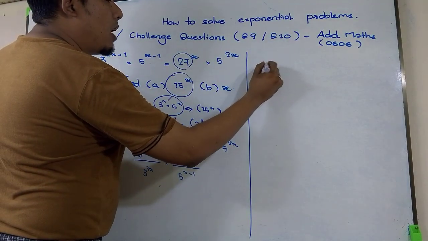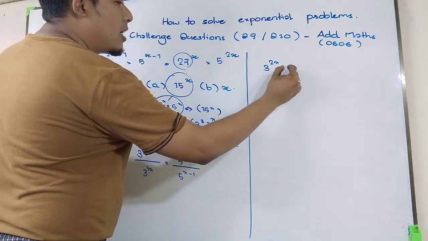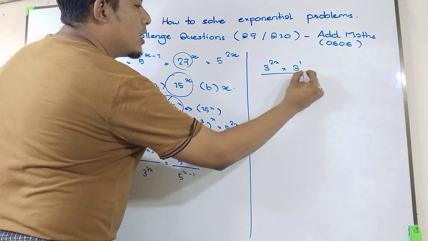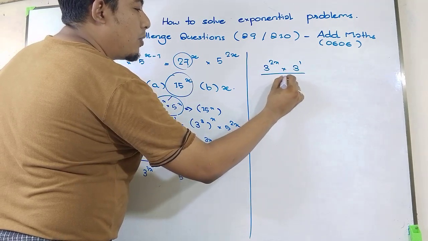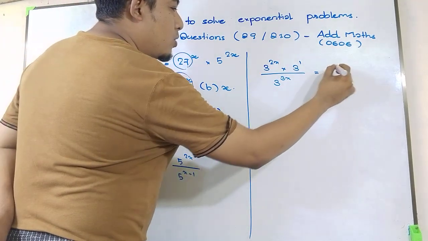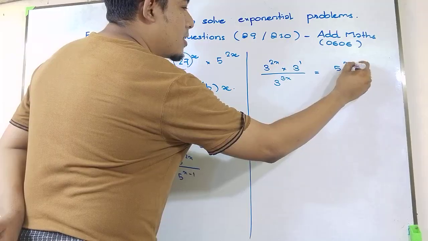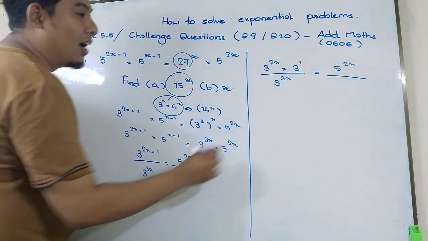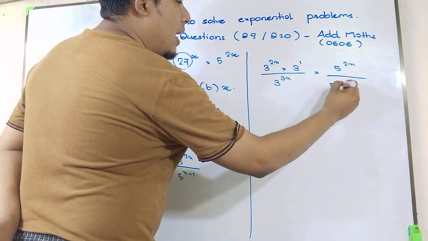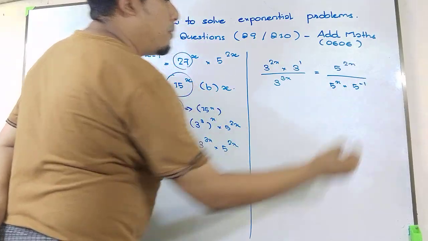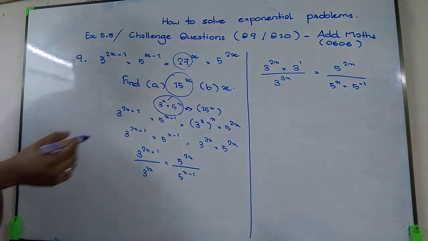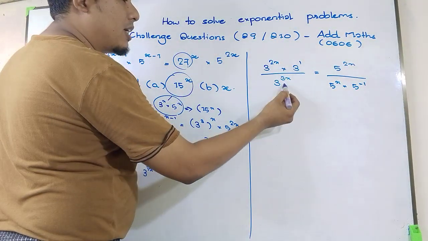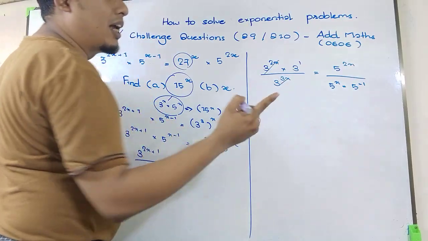So 3 to the power 2x times 3 to the power 1 divided by 3 to the power 3x is equal to 5 to the power 2x divided by 5 to the power x times 5 to the power minus 1. And then you can cancel out the powers 2x and 3x, so you have power x only.